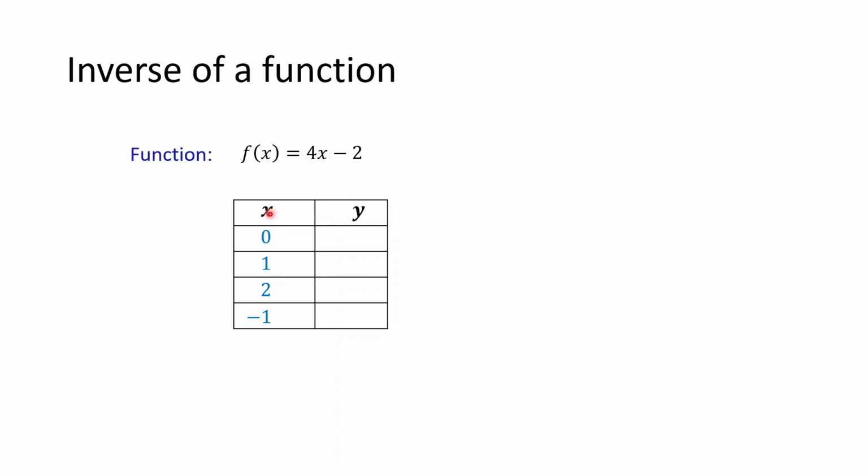So first I am going to substitute x is equal to 0. So f of 0 is equal to 4 times x minus 2, so 4 times 0 minus 2. That is equal to 4 times 0 is 0, minus 2 is equal to negative 2.